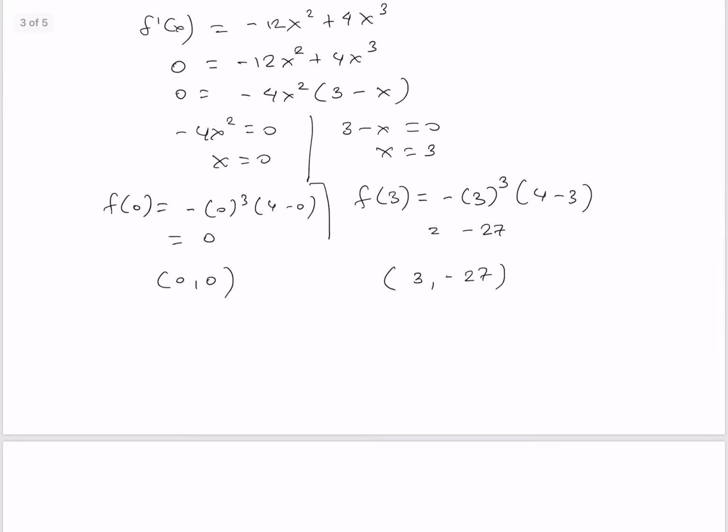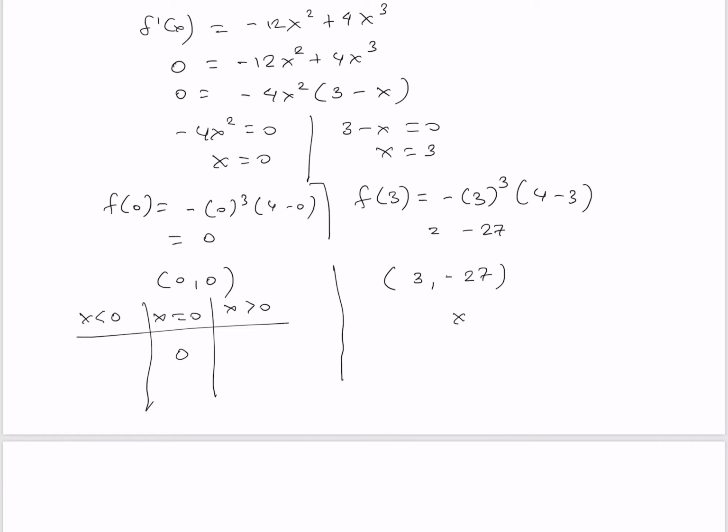Let's check if these two stationary points are a minimum, a maximum, or an inflection. When x is equal to 0, the gradient is 0, of course, and we will check x less than 0 and x more than 0.